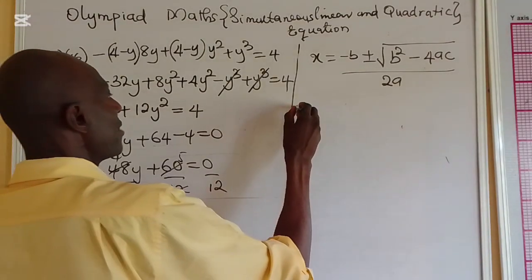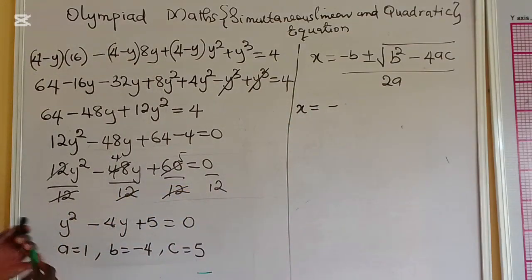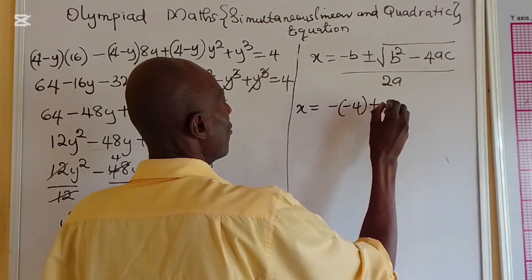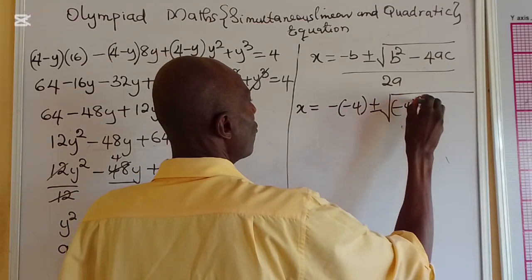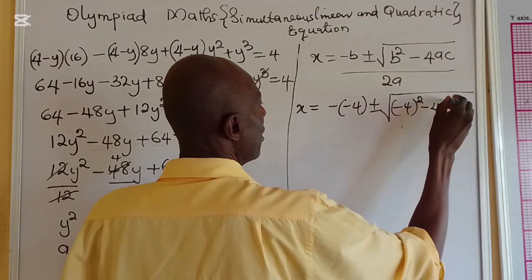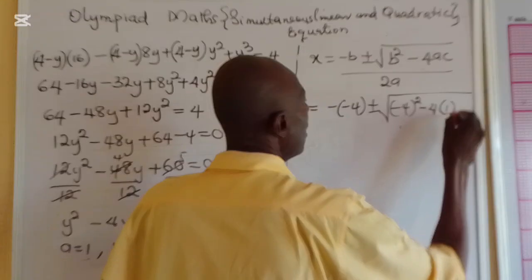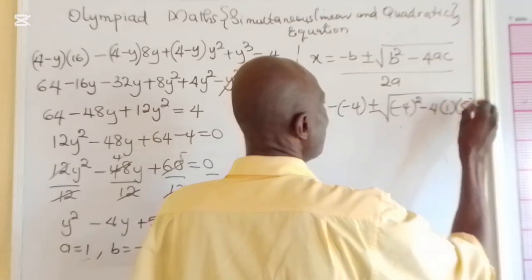And x here is equal to minus, what is b there? It is minus 4. So bracket minus 4 plus or minus the square root of minus 4 all squared. Then 4a is 1 times 1 and c is 5 times 5.